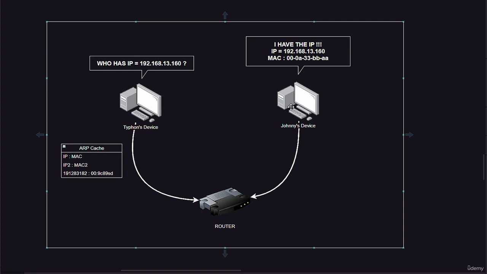Actually, there's a design flaw in this protocol. If Johnny's device receives a request, it has no way of knowing whether the information being provided by the requesting device is correct or not. In this way, you can easily spoof the packets.